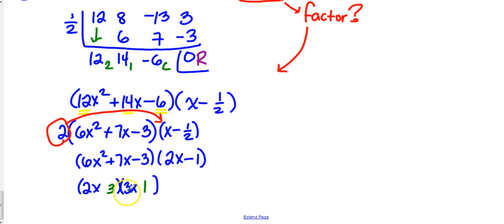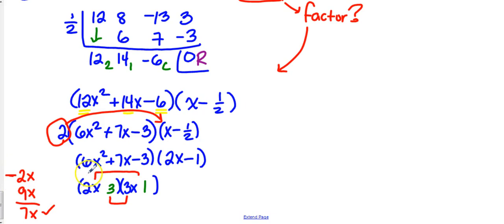3 times 3 is 9. Ooh, this looks like it could work for us. So the outer gets me 2x. The inner, 3 times 3 is 9x. C is negative, so that means I get one of these as negative. If I'm trying to add to a positive 7, that means the 2x needs to be negative to add to that positive 7x.